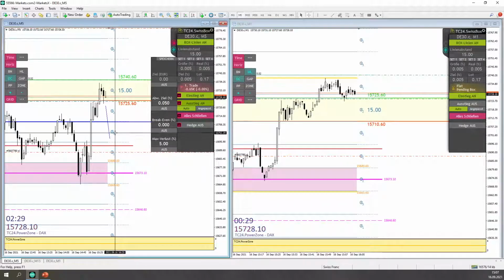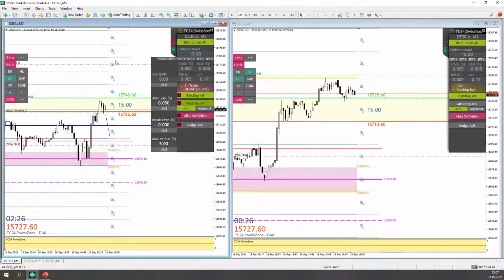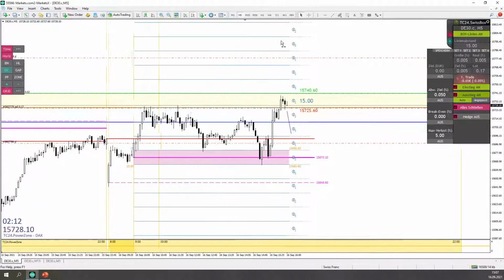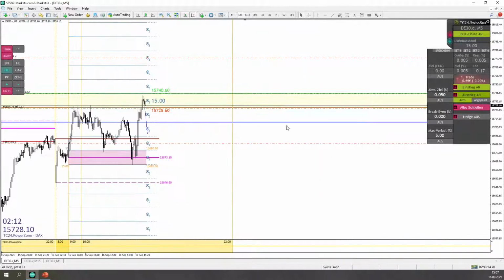So first, I would always go for simple: one box after the other. But there could be some situations where you luckily, so to say, come into a box that is, for example, outside the previous day range. So we just maybe go on the overview again.